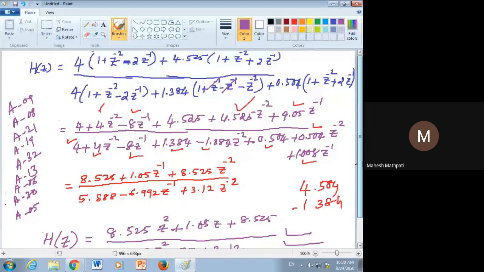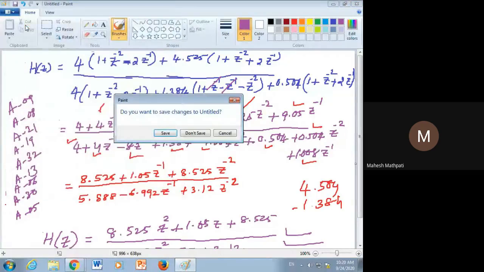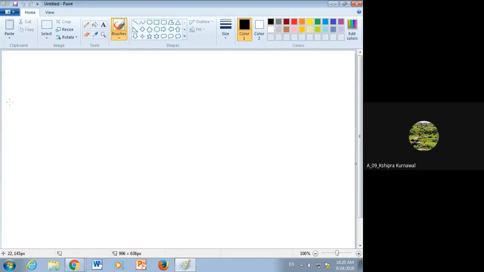That is 10 divided by एक था ना? क्या था वो? Can anyone tell me that question? Third था, sir. क्या क्वेश्चन था वो? H of s equals to 10 upon s square plus 7s plus 10.